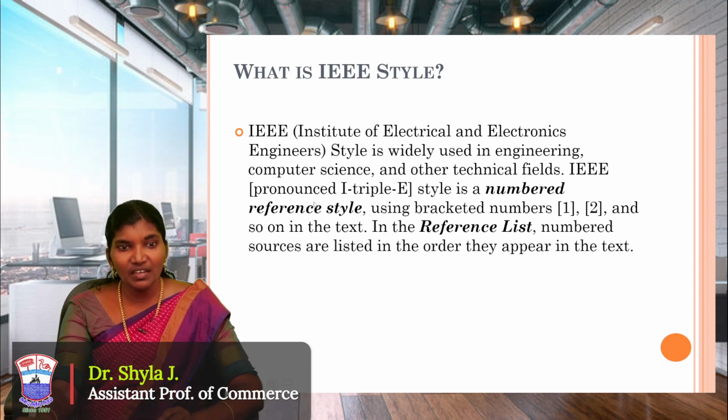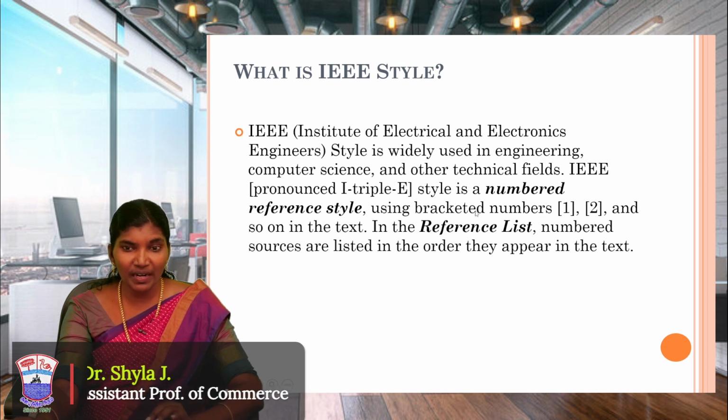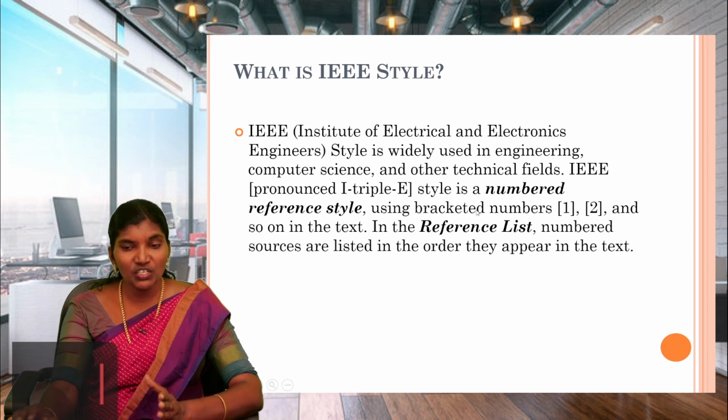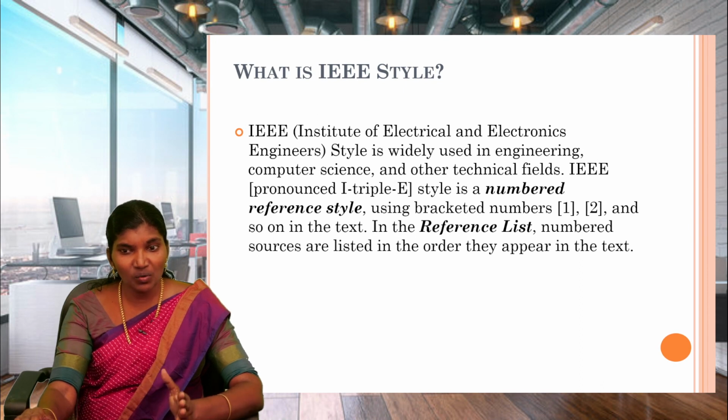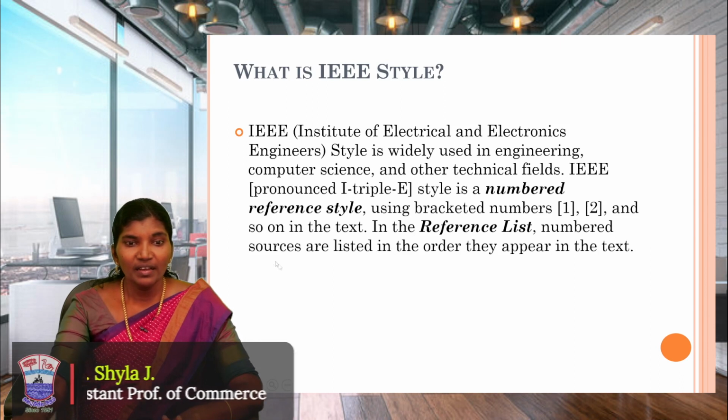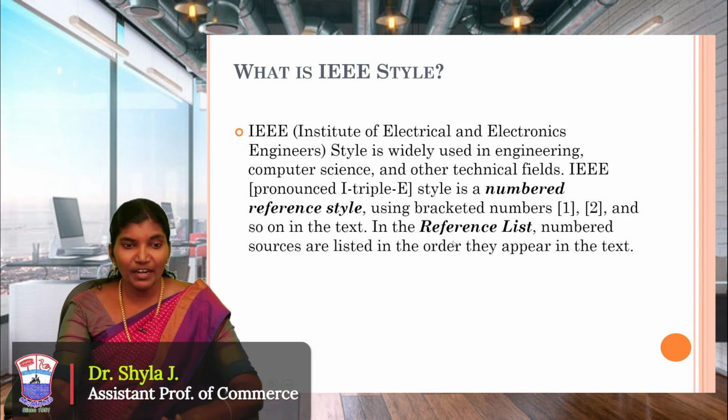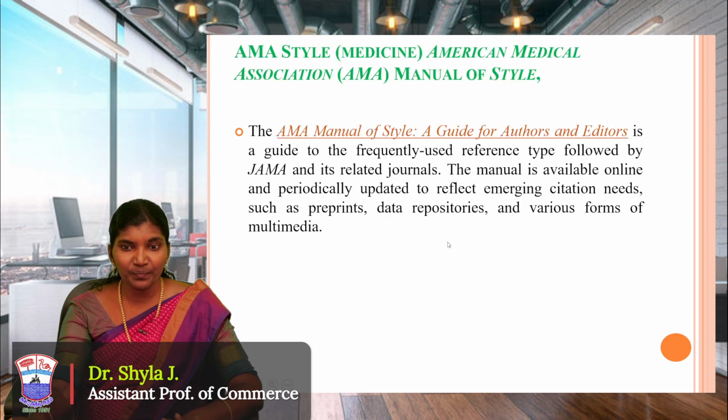IEEE style is a numbered reference style using bracketed numbers, 1, 2, and likewise you can enclose the reference in the text passage. In the reference list, numbered sources are listed in the order they appear in the text.